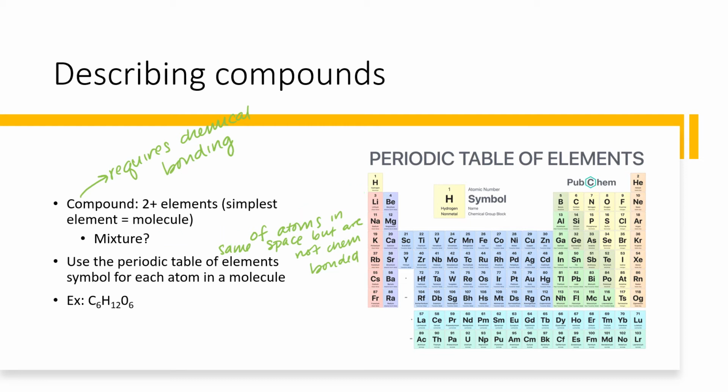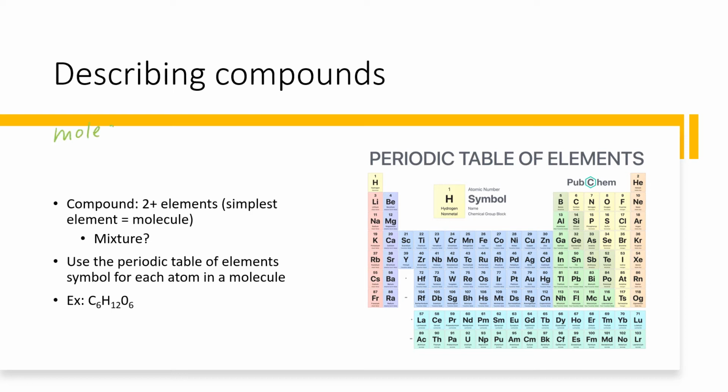An example of a molecule that is not a compound would be O2, regular environmental oxygen. There's 2 oxygens bound to one another chemically. You can see the 2 means there's 2 of them. But there's only one type of element, so it's a molecule.